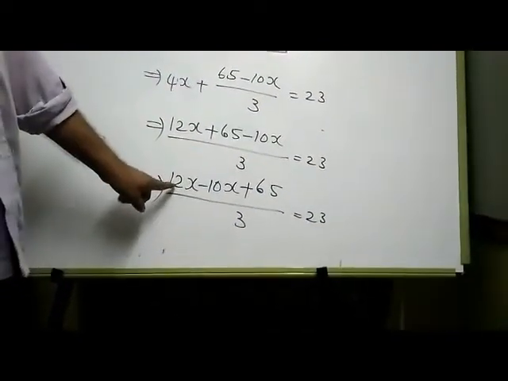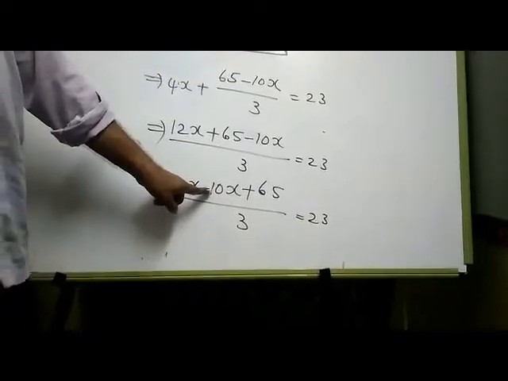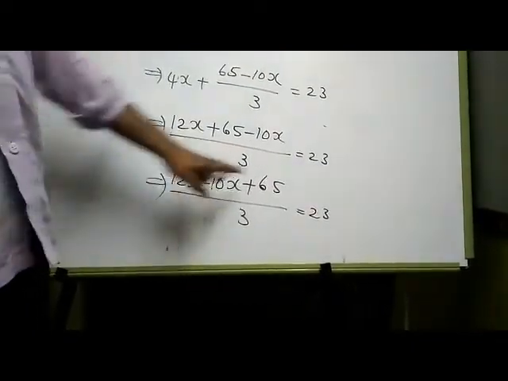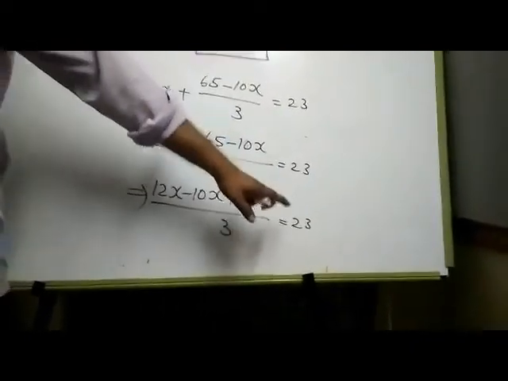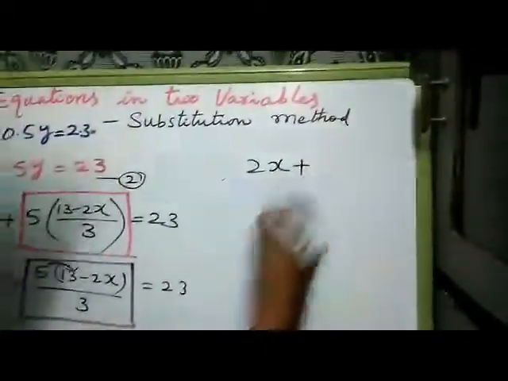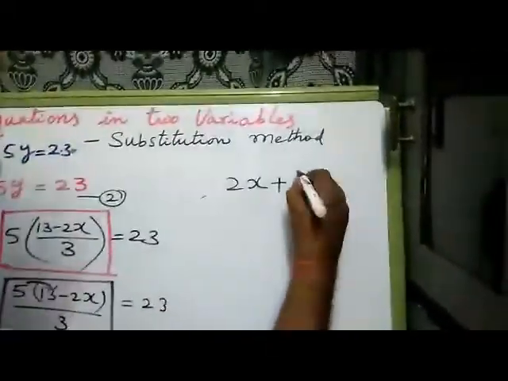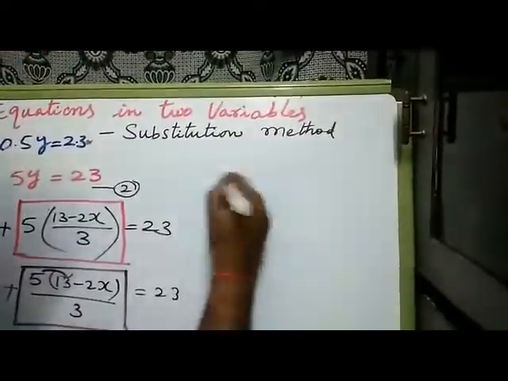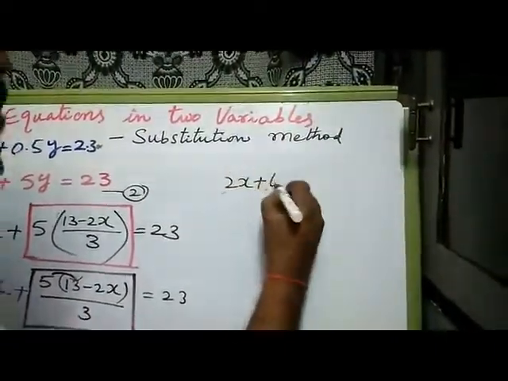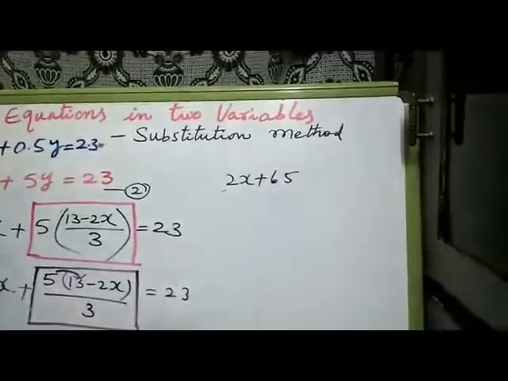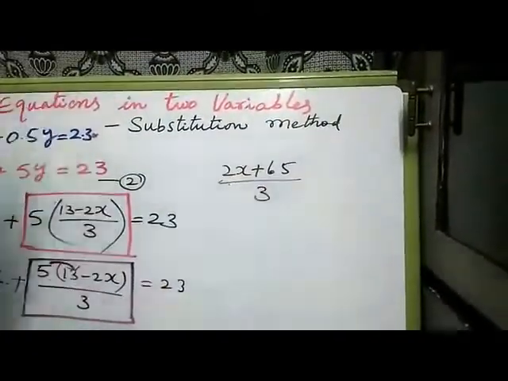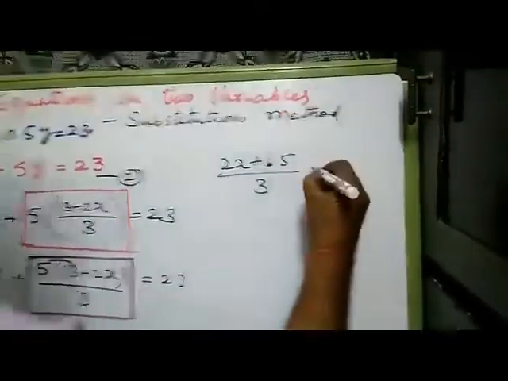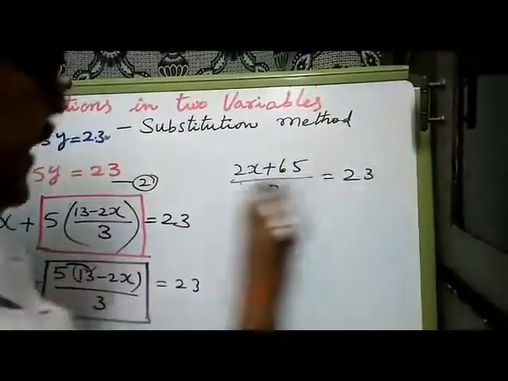Here 12x minus 10x is equal to 2x, so 2x plus 65 by 3 is equal to 23.